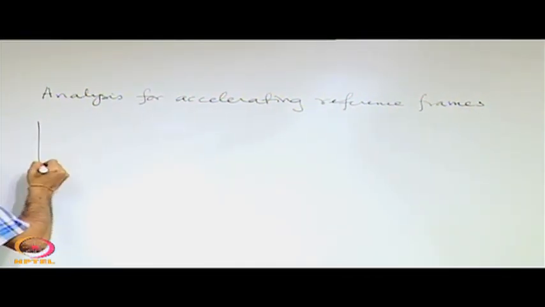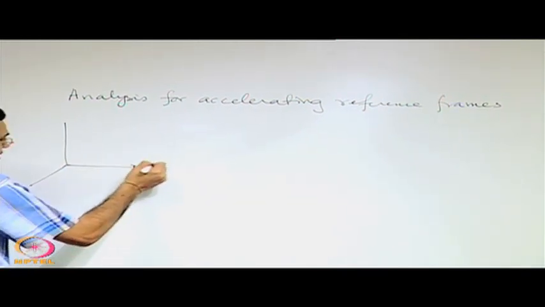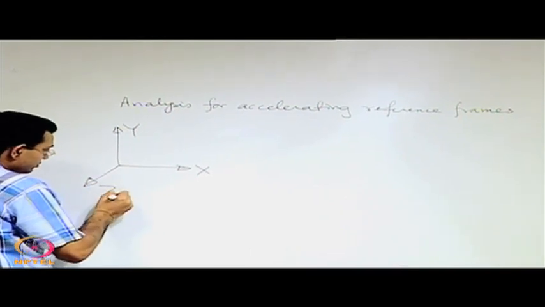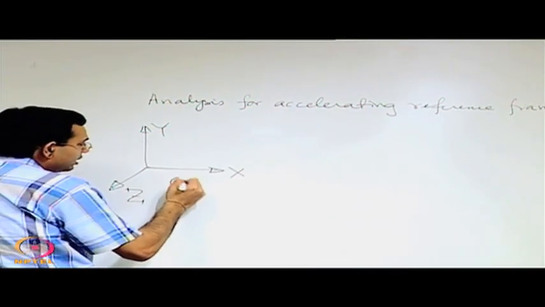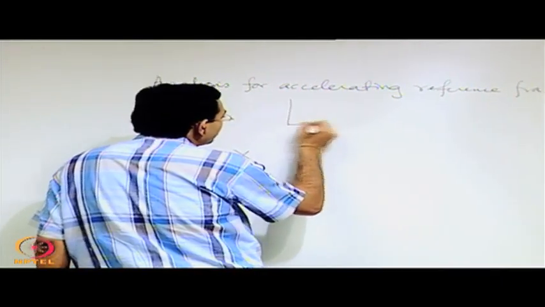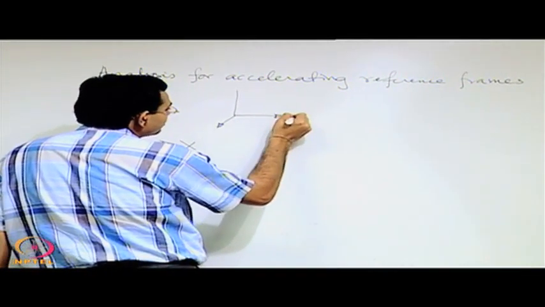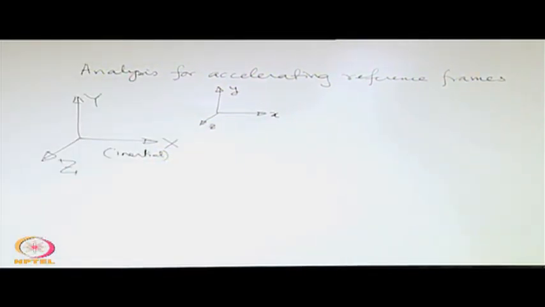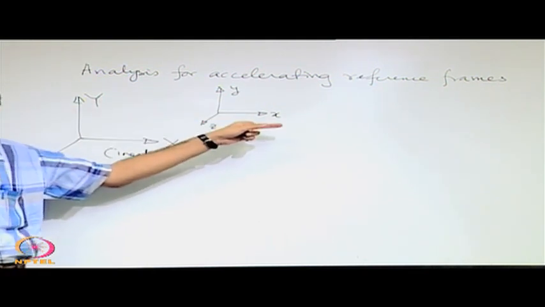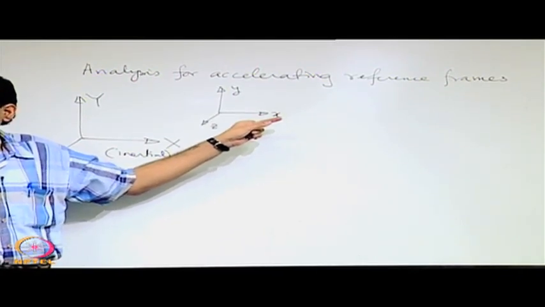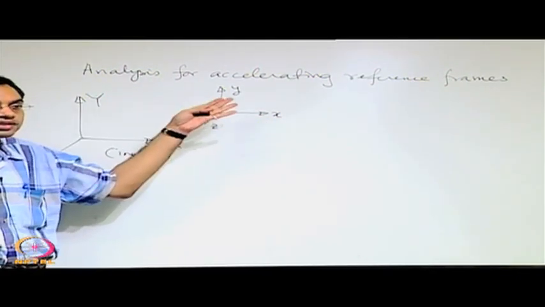We will consider an axis, say capital X, capital Y, capital Z for an inertial reference frame, and small x, small y, small z reference frame as an arbitrary one. It may be inertial, may be non inertial, but it is a moving reference frame. If it is moving with an acceleration, then it is non inertial. If it is moving with a uniform velocity, it is still inertial.